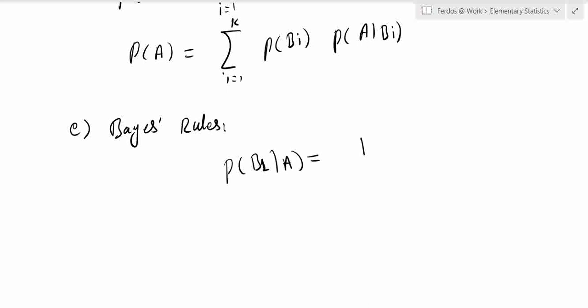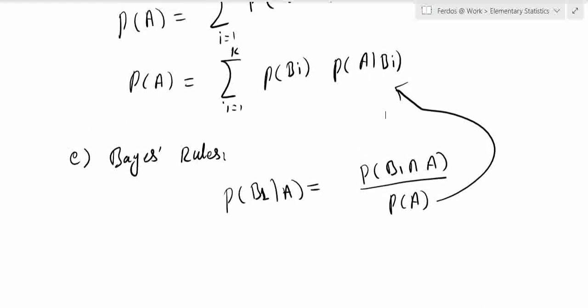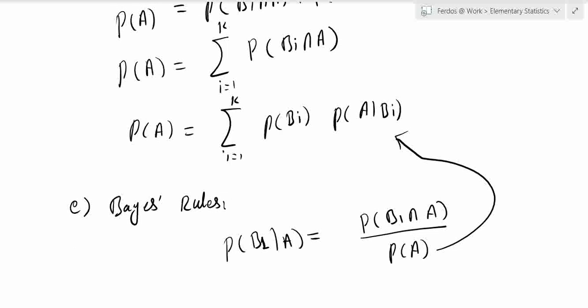This means that this is equal to probability of B1 intersection A, by the multiplicative rule, divided by the probability of A. Remember, what is the probability of A? If you are using the diagram, the probability of A is equal to this one. This is also the probability of A, and this is also.